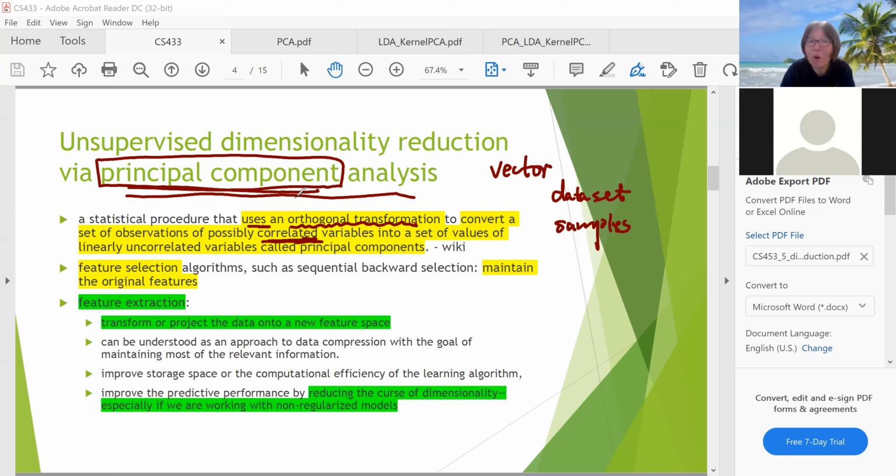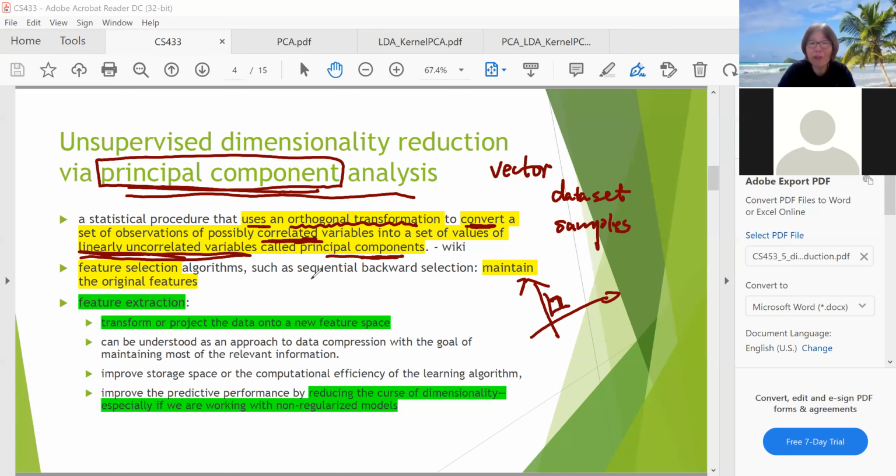So the goal of the principal component is to convert those possibly correlated variables into a set of linearly uncorrelated values. This is called the principal component. So it's orthogonal and uncorrelated, and in the math behind it we will see that.